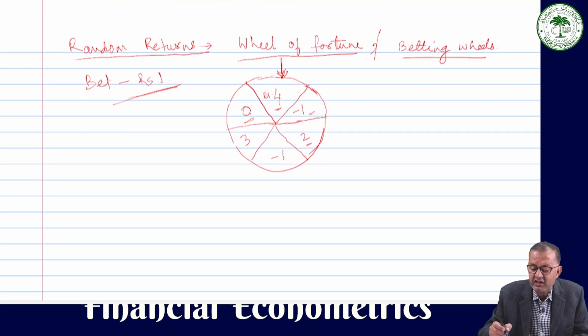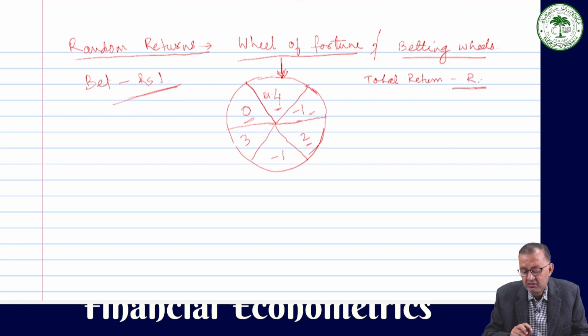Let the total return be denoted by R. So what about the betting? The betting will be decided again on the basis of the mean value of return and the variability of return.